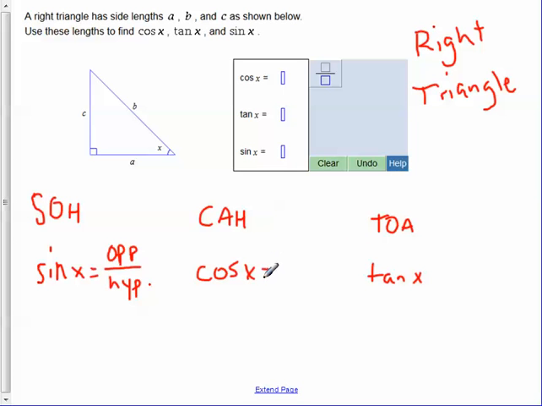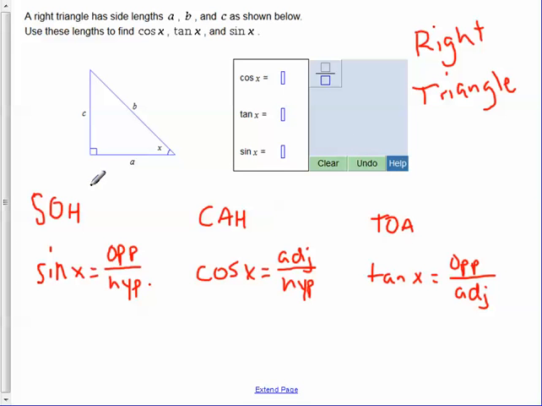Cosine then is our adjacent side divided by our hypotenuse. That's where the A and the H come from. And then tangent of the angle x is opposite divided by adjacent. And that's where the OA comes from.